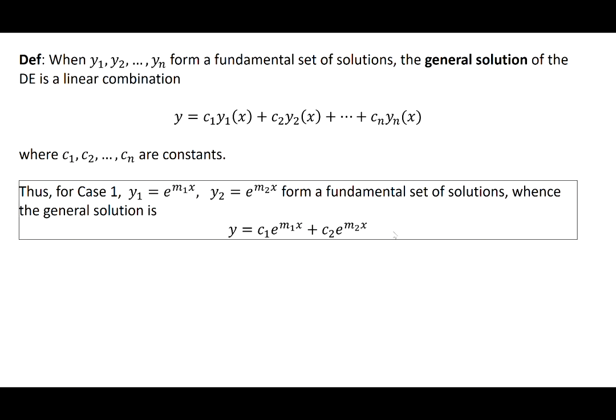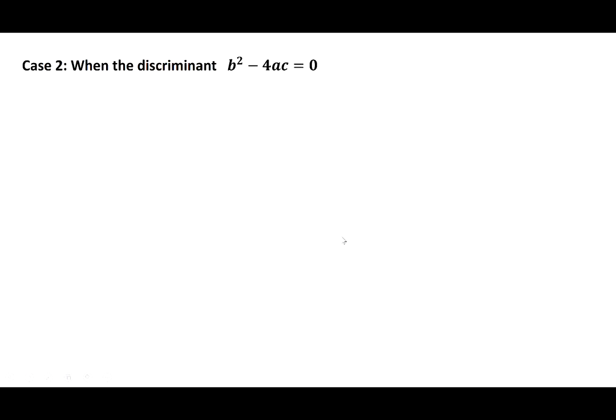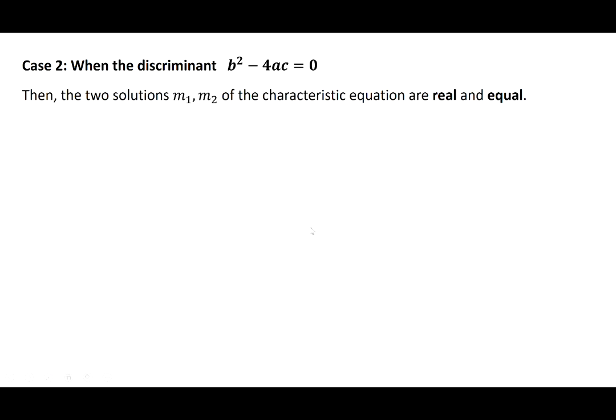All right. For case 1, when the discriminant is greater than 0, we have two solutions and this is the general solution. However, when the discriminant is equal to 0, we have m1 and m2 real and equal.